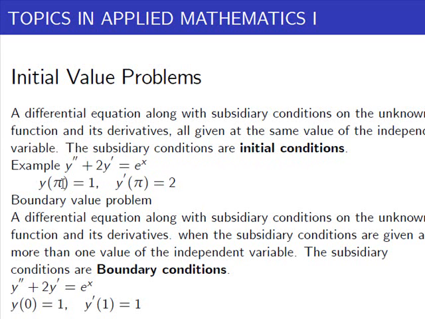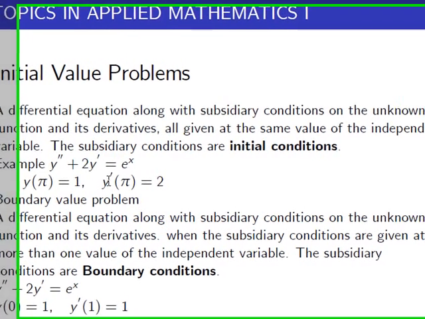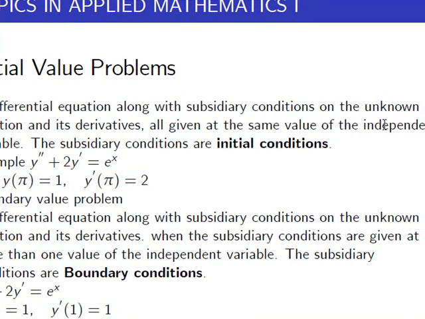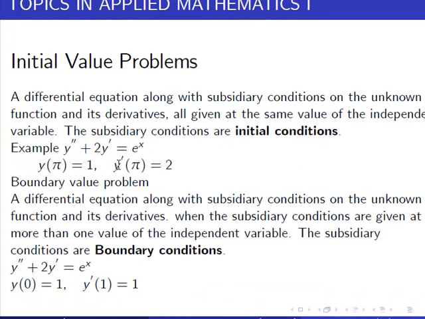These initial conditions, with the unknown function y and its derivative y dash, are all given at the same value of the independent variable, so x is equal to pi. The y and its derivative are given at the same value of x.